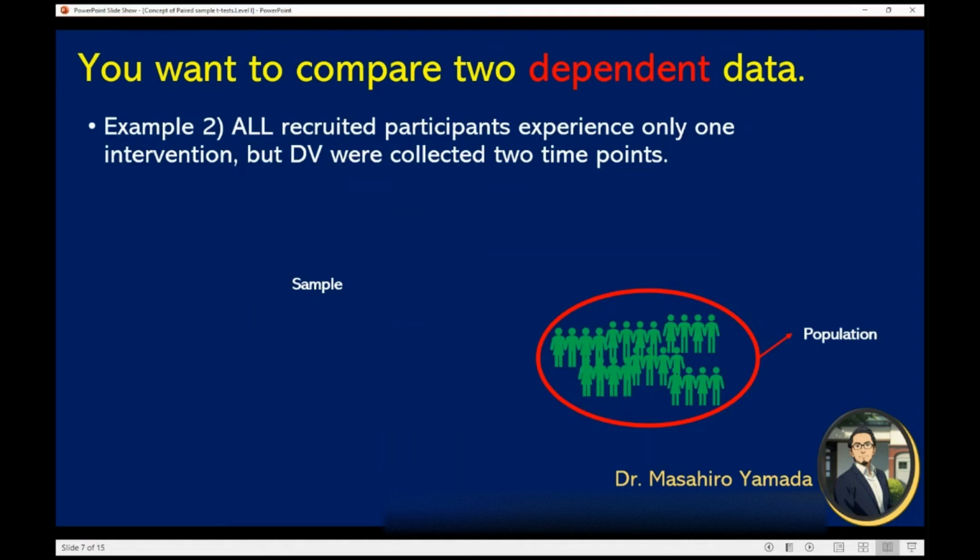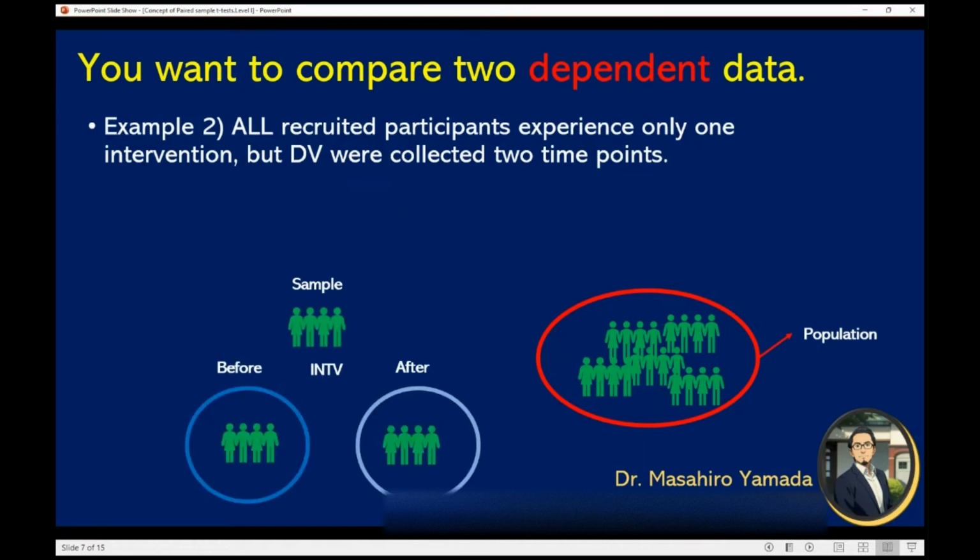However, the dependent variable is collected at two time points. In these two scenarios, this type of study design is called within subject design or repeated measure design.